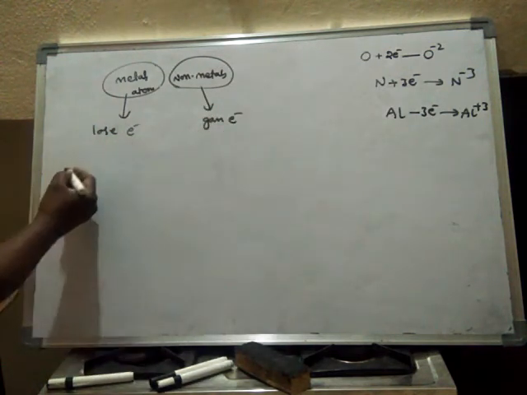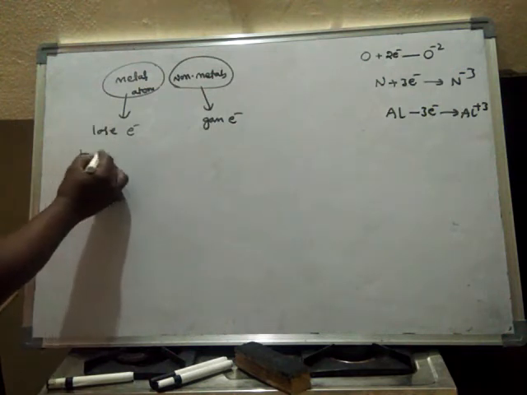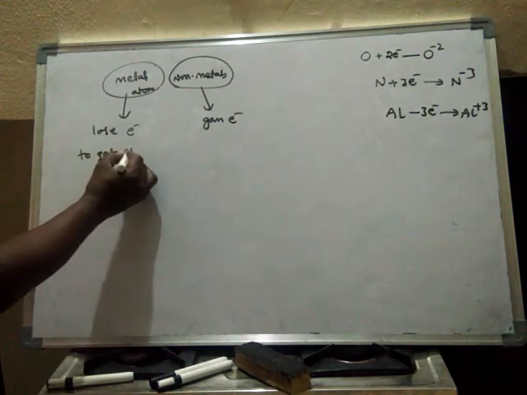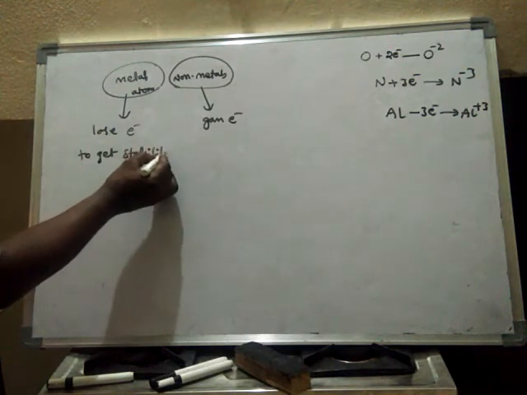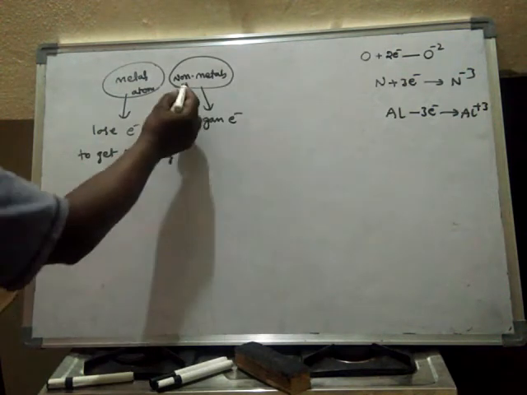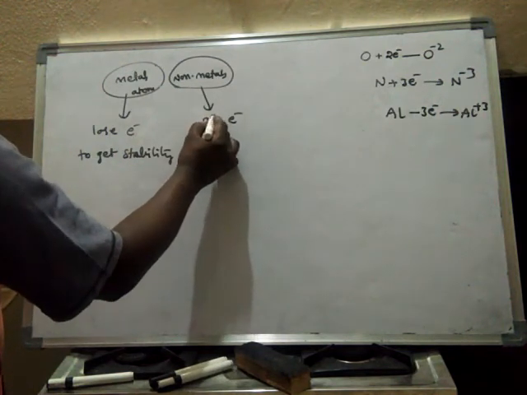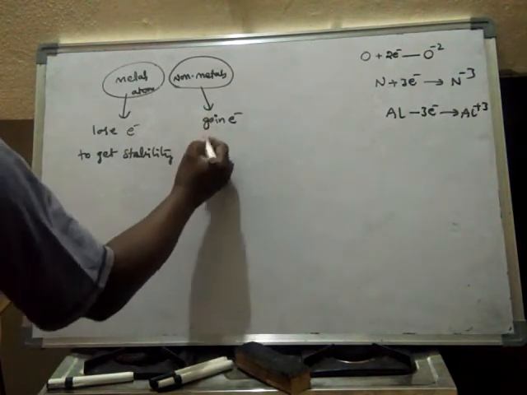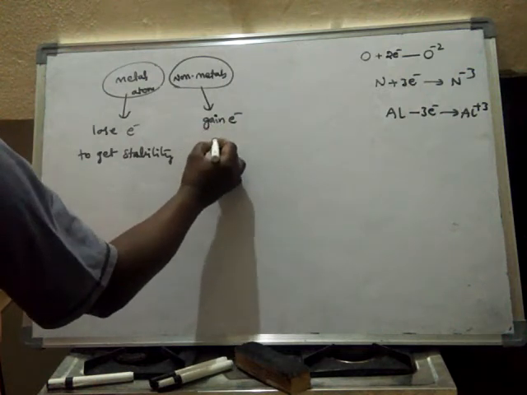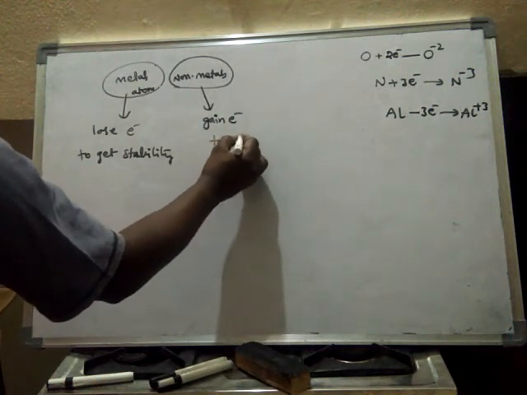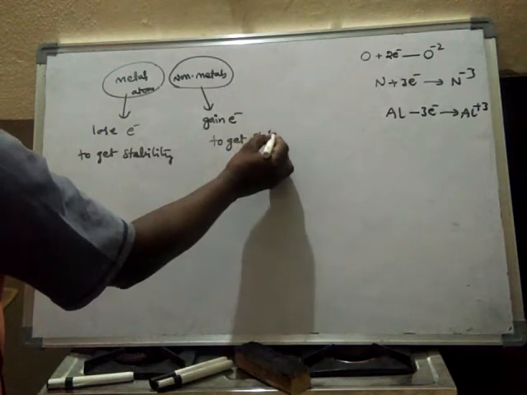Why do they lose electrons? To get stability. Even non-metals gain electrons to get stability.